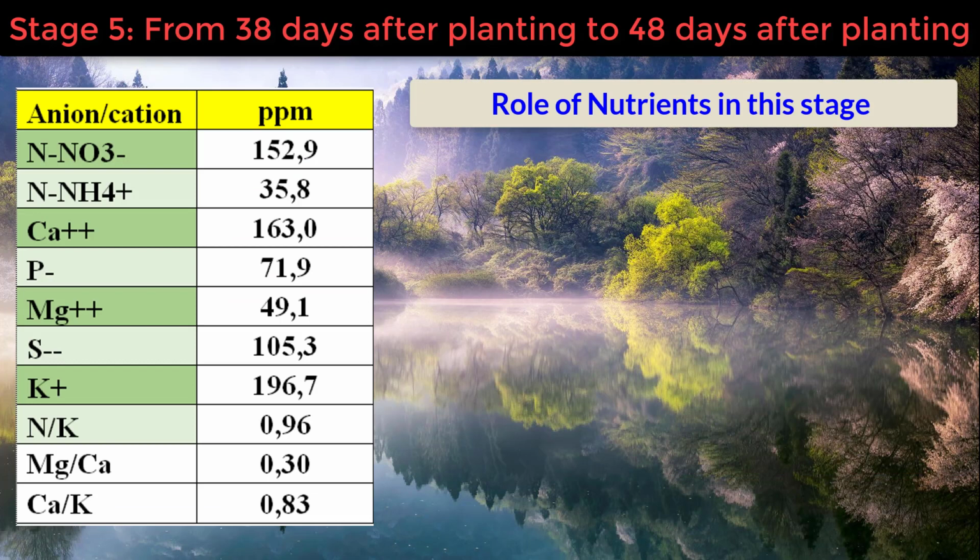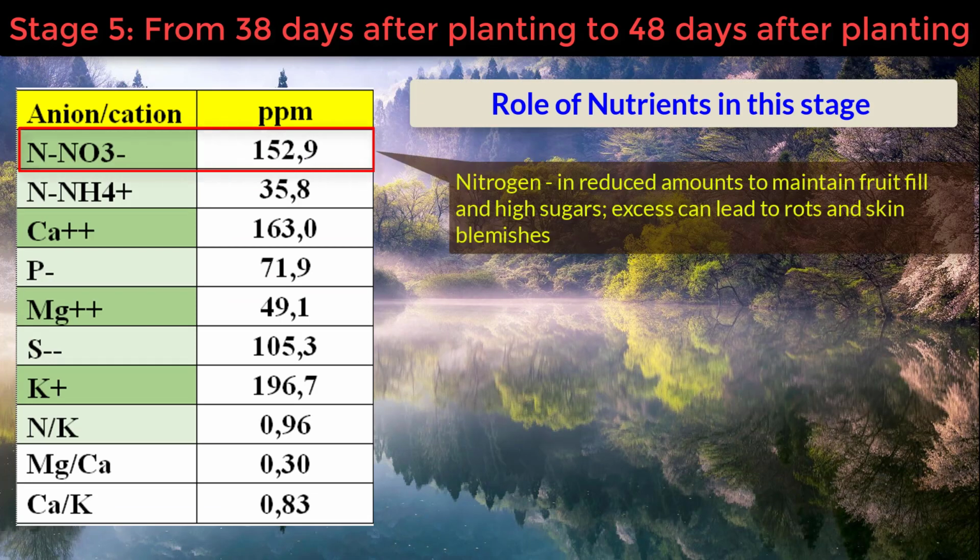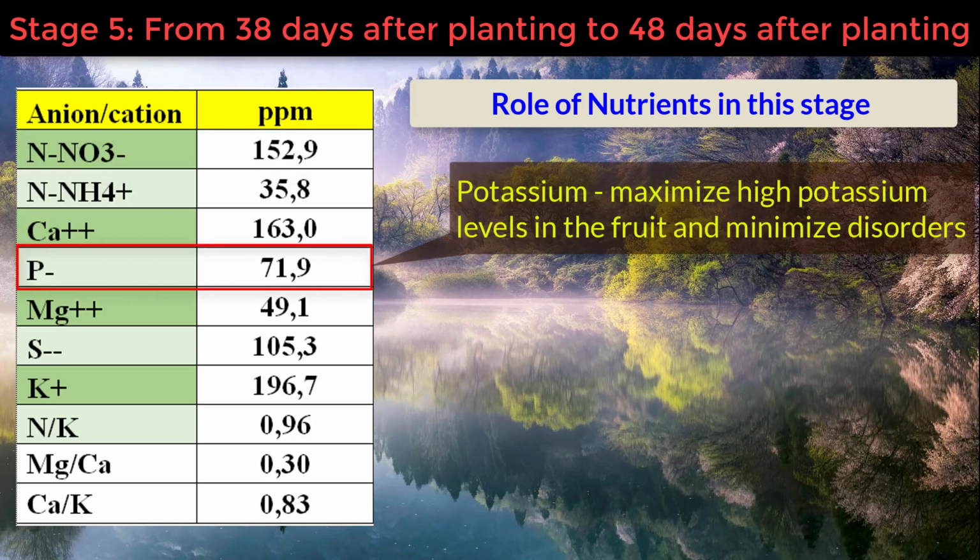Role of nutrients by melon growth stage. Nitrogen in reduced amount to maintain fruit yield and high sugars. Excess can lead to rots and skin blemishes. Potassium maximizes high potassium levels in the fruit and minimizes disorders.